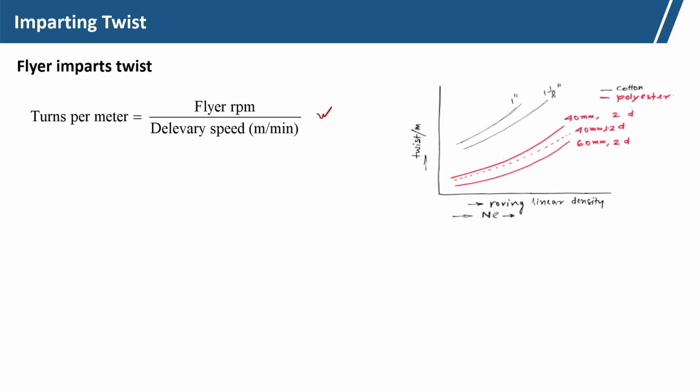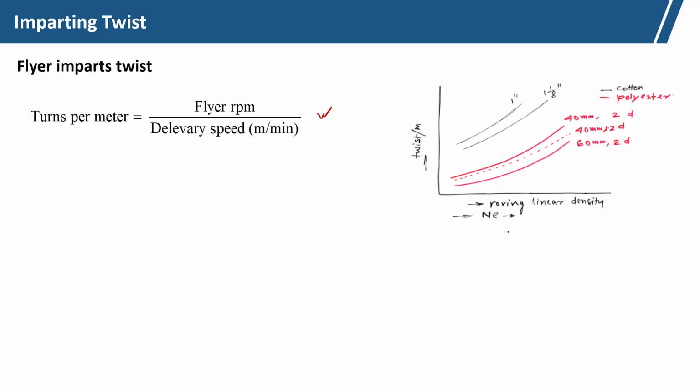Now, the flare imparts twist, and the turns per meter is the flare RPM divided by the delivery speed in meters per minute, where the flare RPM is constant. Now, we can see here the twist for different types of roving.